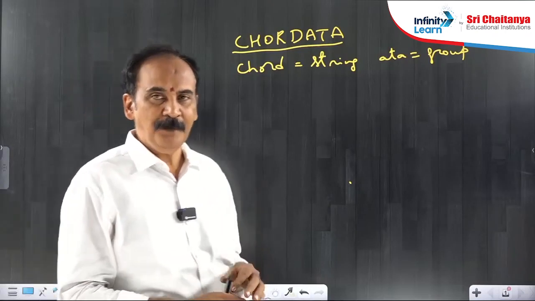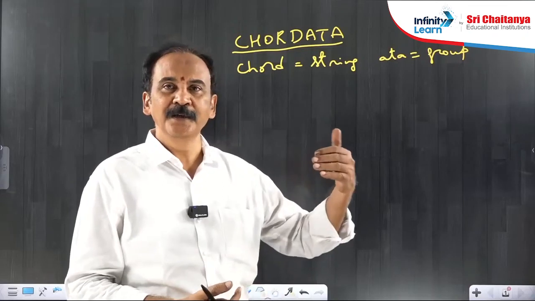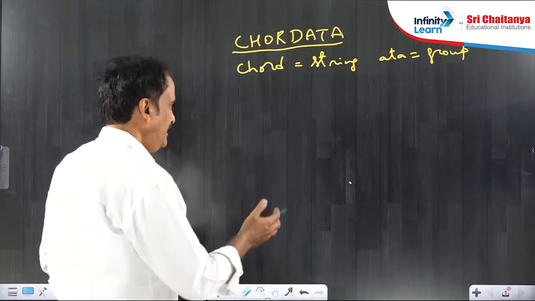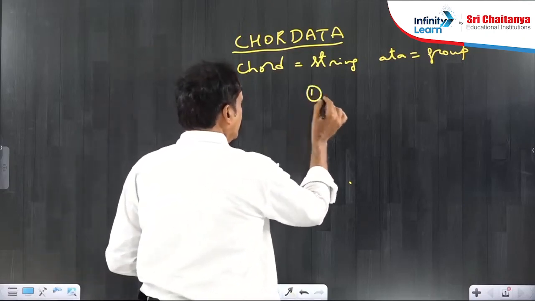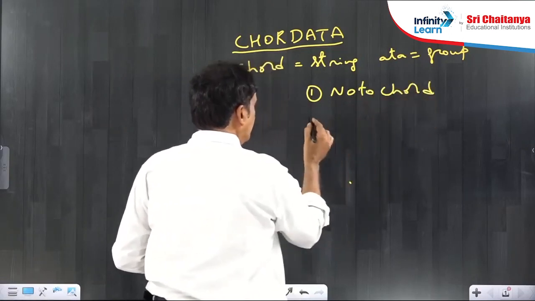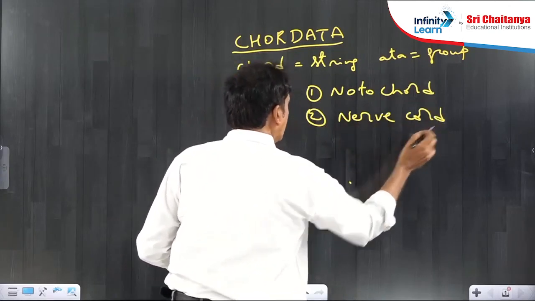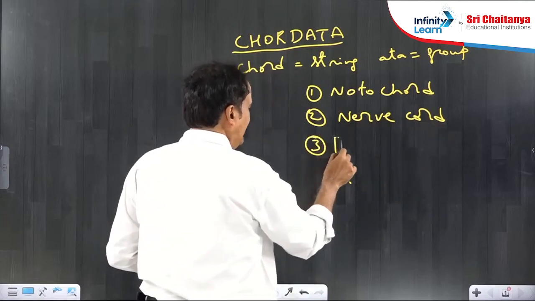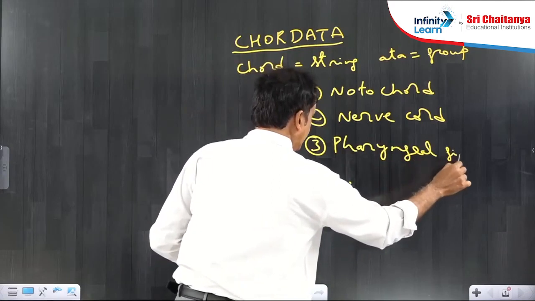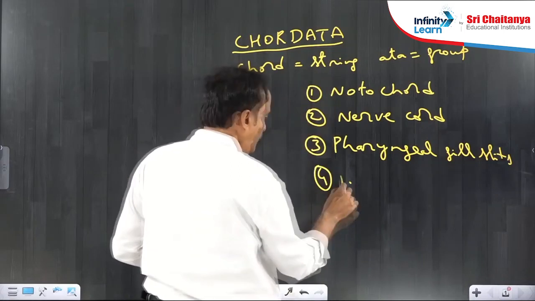So we have 4 fundamental characters that are to be present in the chordates, either during the embryonic stage or maybe in the adult, right? The characters are: number 1, notochord, a dorsal tubular nerve cord, pharyngeal gill slits, and postanal tail.